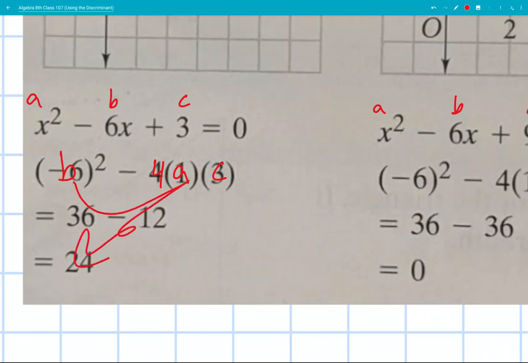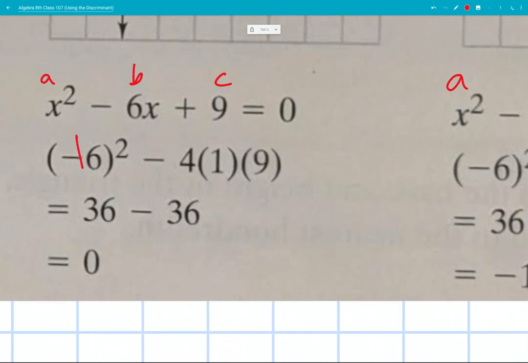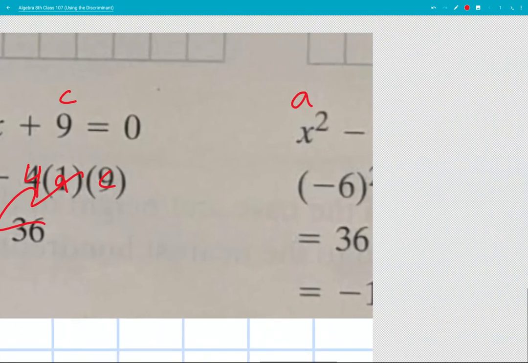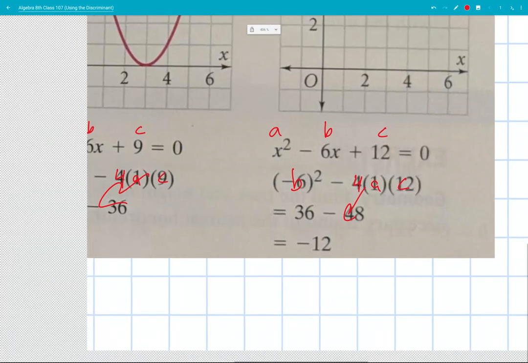And you simplify all that, and you get b squared minus 4ac is 24, right? Same thing here, b squared minus 4ac, simplify all that, you get 0, right? Feel free to pause and analyze these if you want. No problem with that. B squared minus 4ac, simplify, you get a negative 12. So let's make some observations here.